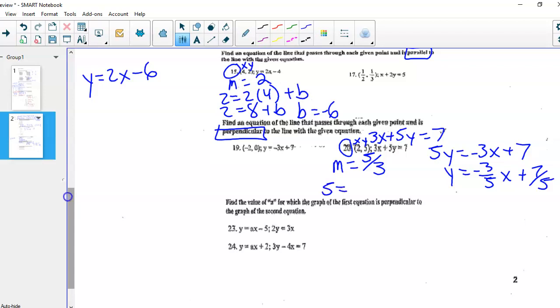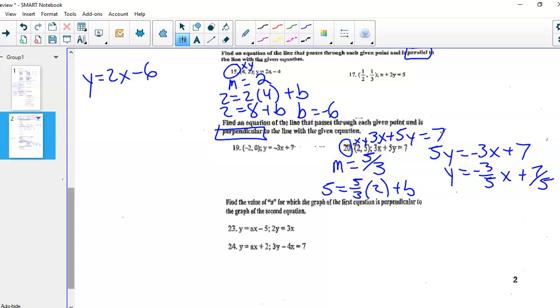So 5 equals 5/3 times 2 plus b. What's 5/3 times 2 as a fraction? 10 over 3. So I'm going to write that down here because I ran out of space.